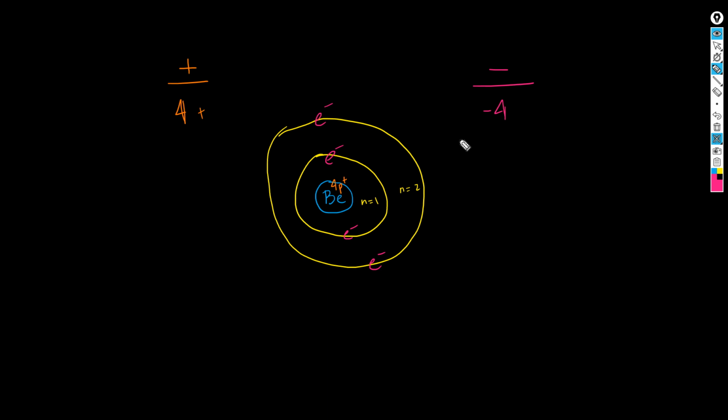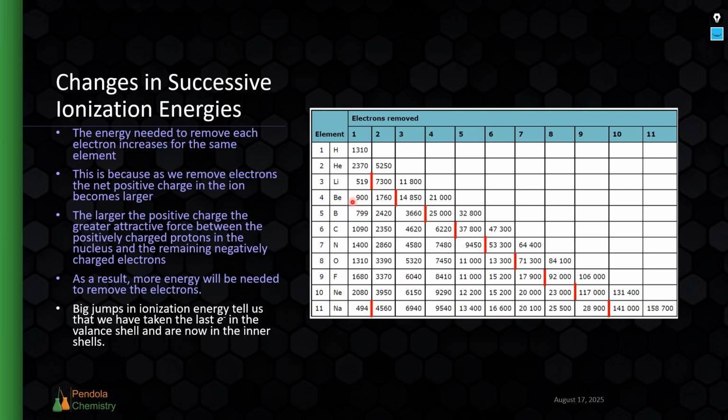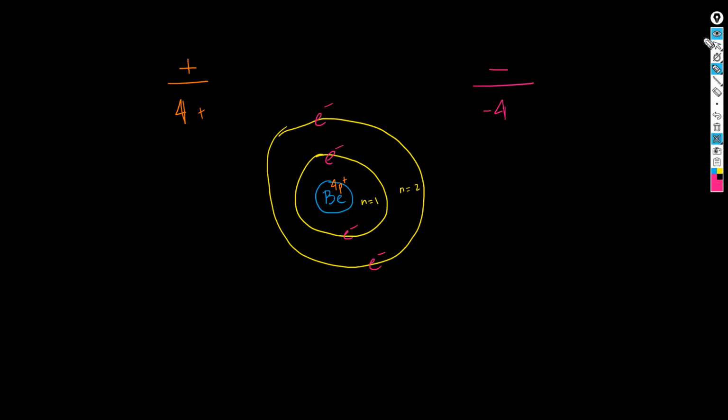Let's say we do the first ionization energy for beryllium, which, if we look really quick, is 900. So IE1 is 900 kilojoules per mole.